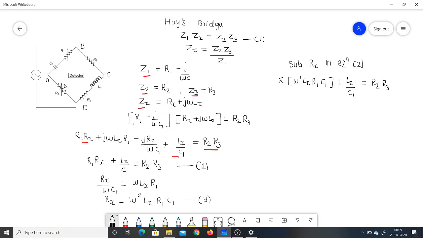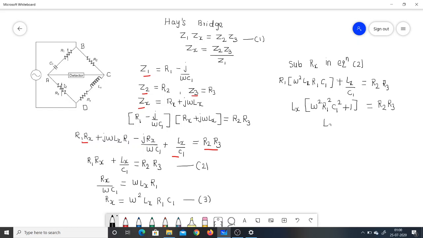After that, I will group all the Lx terms together so that I will get the value of Lx. So I'll take all the Lx terms together. It comes to Lx into omega square R1 square C1 square plus 1 is equal to R2 into R3.